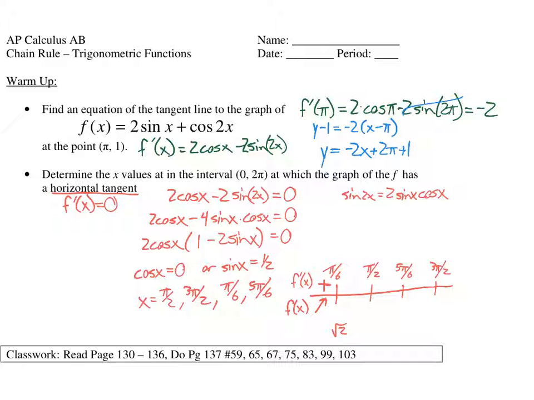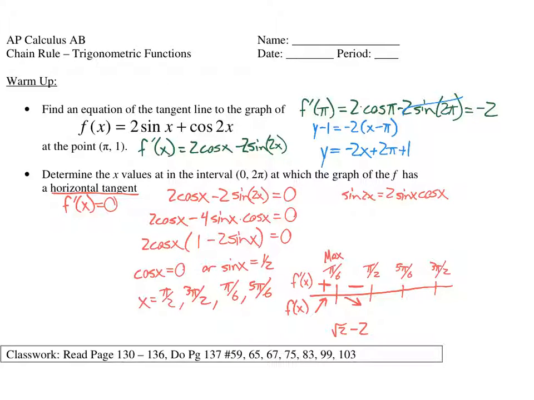And then minus 2 times the sine of 2 times pi over 4. Well, that would be a pi over 2, and sine of pi over 2 is 1, so it's minus 2 times 1. So that's going to be negative, which means we're decreasing. Okay, so that means that pi over 6 is actually a max point, because we were increasing, now we're decreasing.